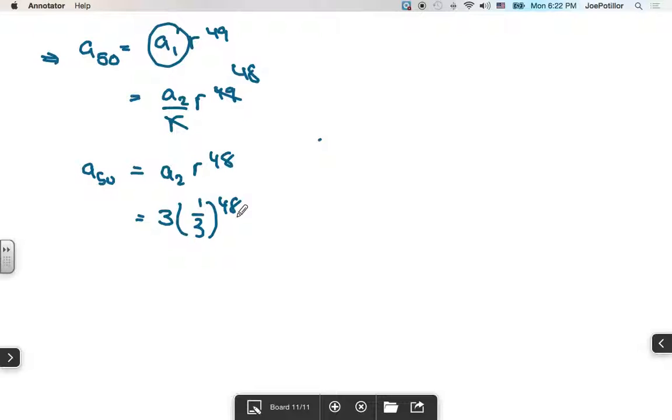So 3 to the 48th power. So it's going to be 1/3 to the 47th power.